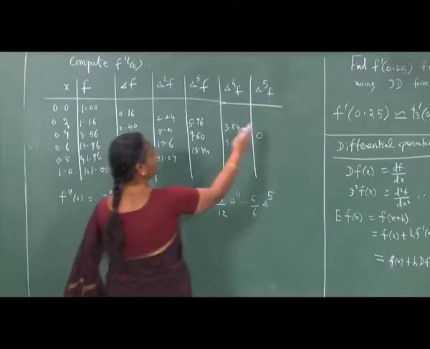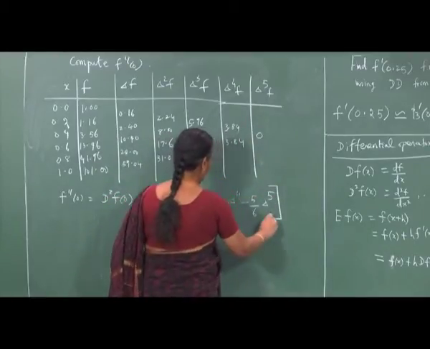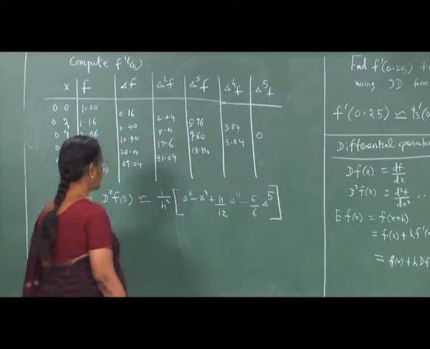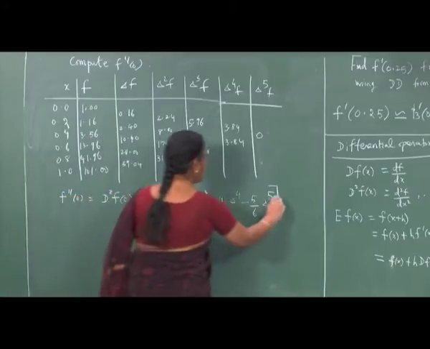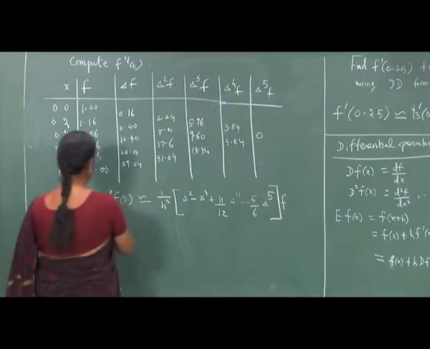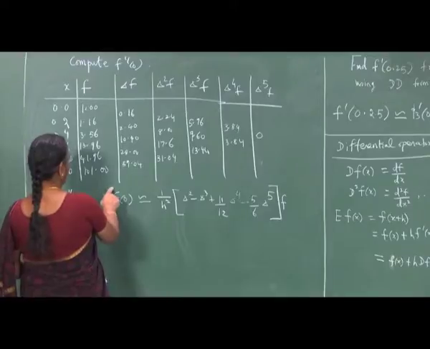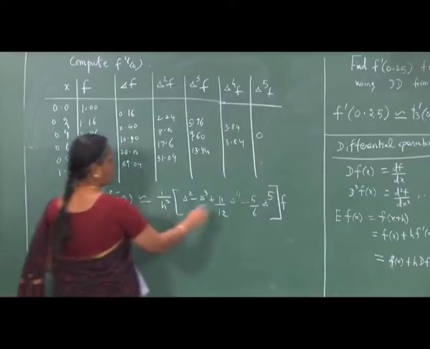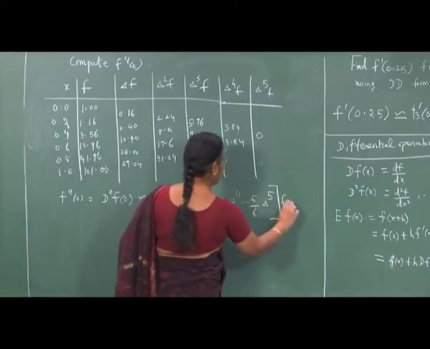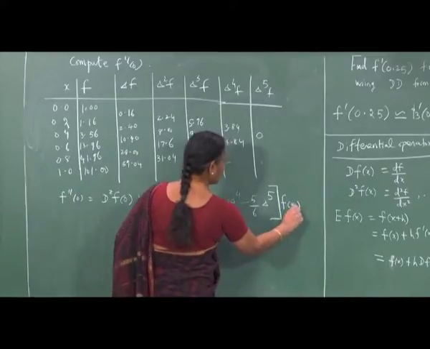The higher order differences will all be 0, so I can close this. So, here I require the second derivative of f at 0, so this operating on f(x₀).